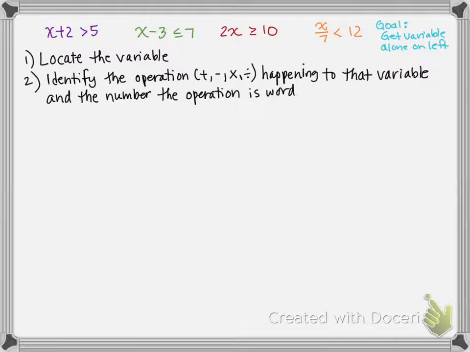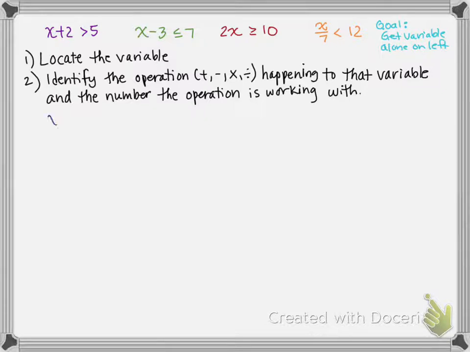So one side is going to have 2 players, a number and a variable with an operation happening between them, and the other side is going to have a number by itself. So that's our second thing. So let's go back to our problems.